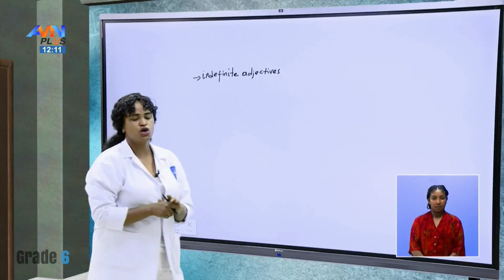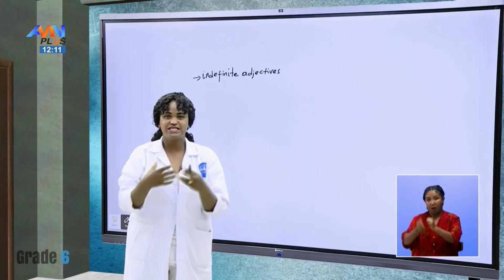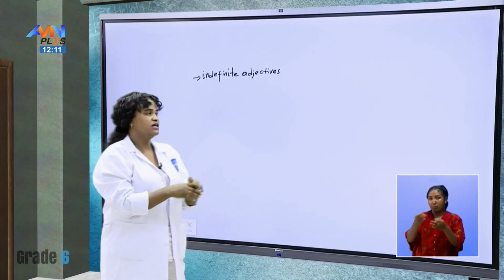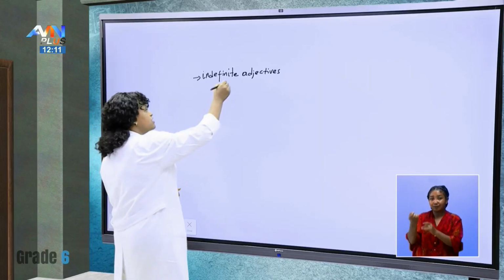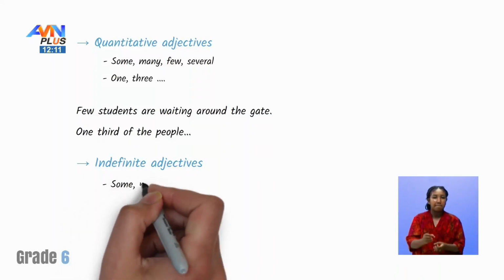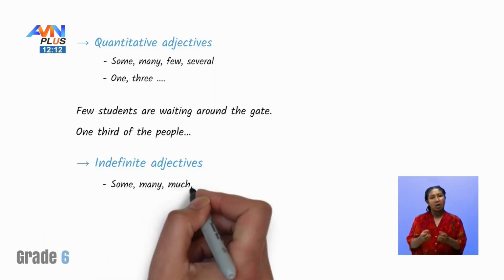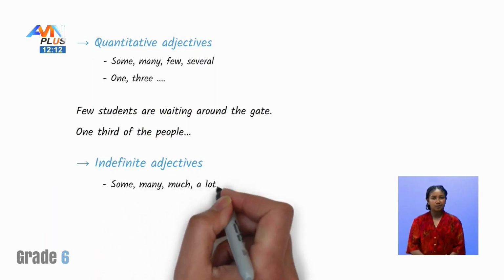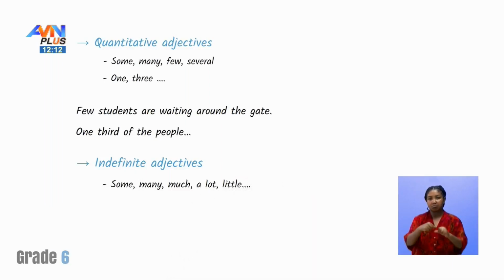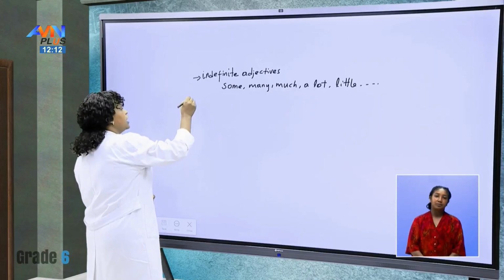We can also call them indefinite pronouns when it comes to the case of pronouns. This is indefinite because they don't tell you the exact number, all right? These are, as we mentioned earlier, these words by themselves: some, many, much, a lot, a little or a little, etc. These are indefinite.